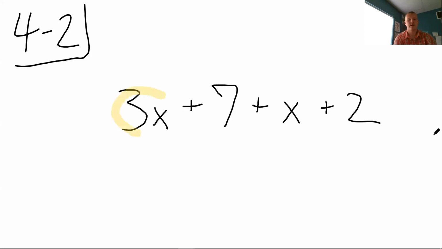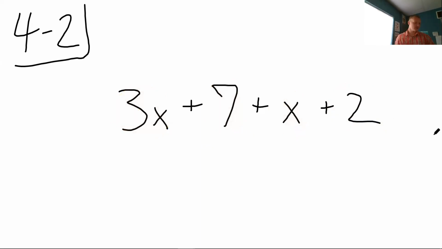So 3x is my first term, 7 is my second term, x is my third term, and 2 is my fourth term. Those are my 4 different terms for this example.